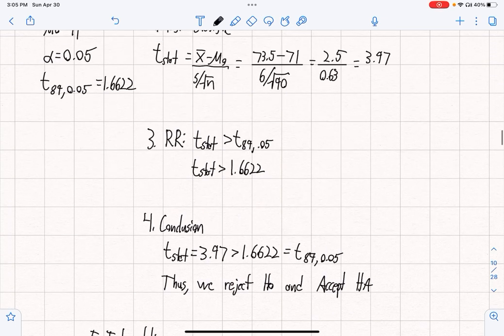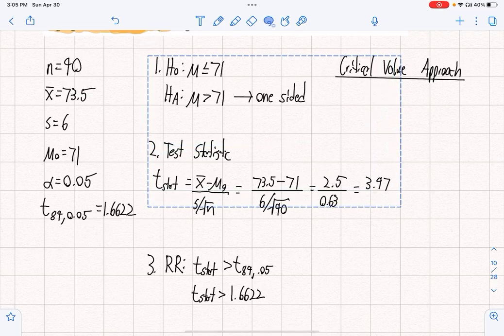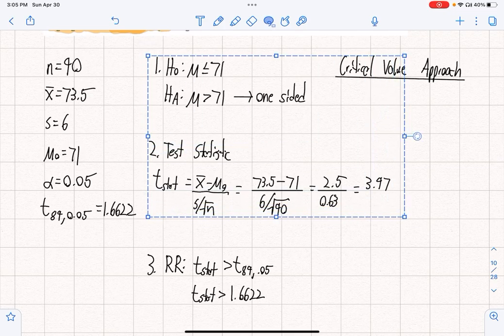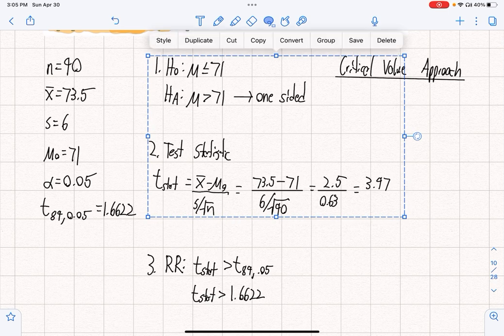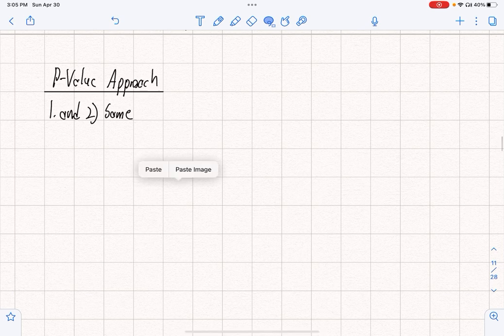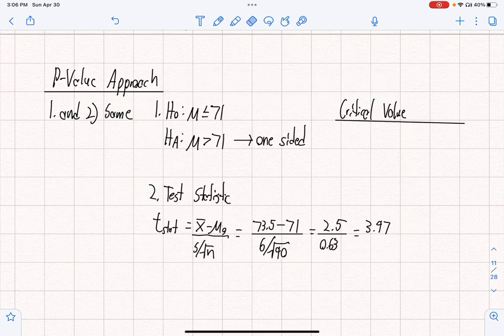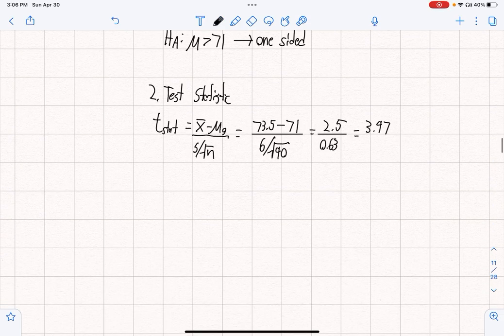So if we want, we can even just copy them directly from down here. All I mean by that is that it's literally just the same thing we did for the critical value approach.